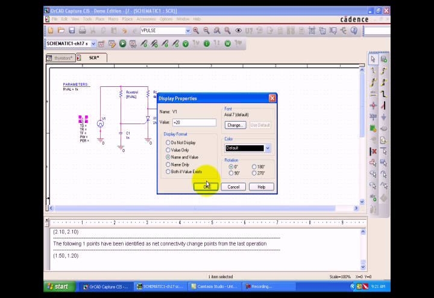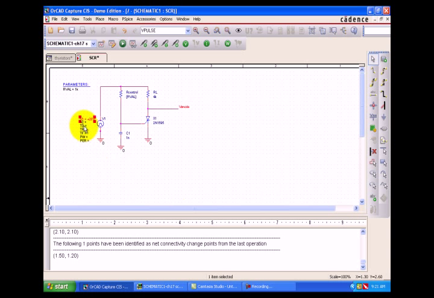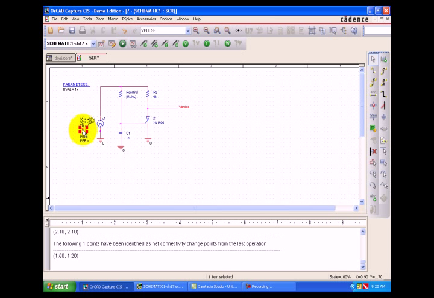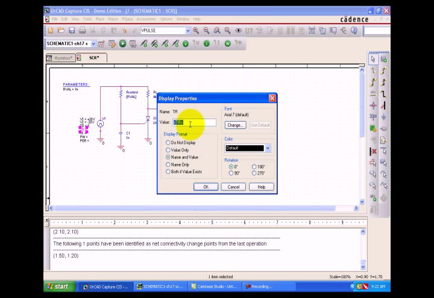Give a 20 volt DC supply. Point 0.5 microvolt.